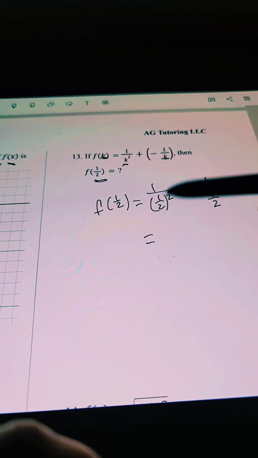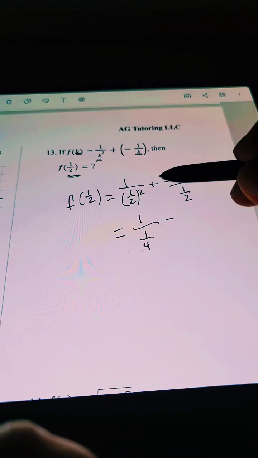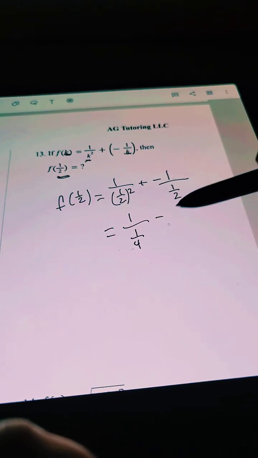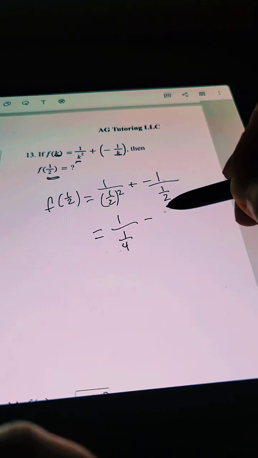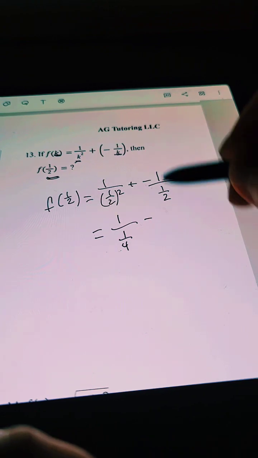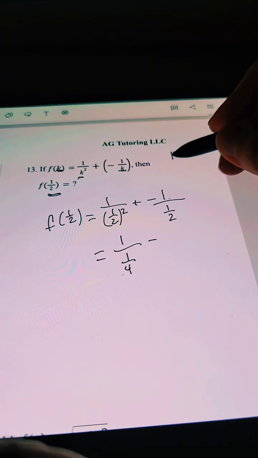So 1/2 squared is just 1/2 times 1/2, so it's going to be 1 over 1/4. And then plus a negative is just subtracting, so that's why I'm just writing subtraction. And then minus 1 divided by 1/2, which would just be the reciprocal. You can think about it, or you could do it all out as keep, change, flip if you want.